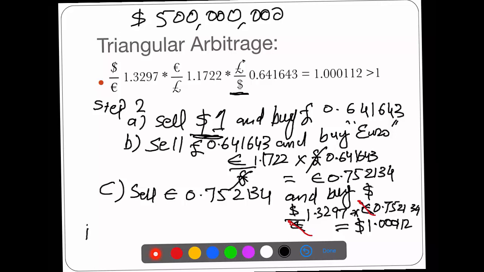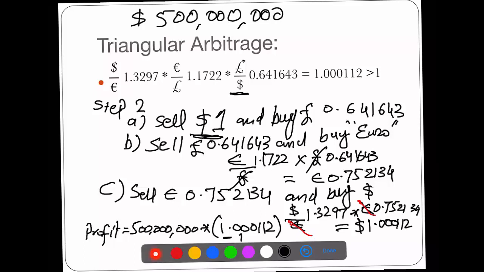So the profit is simply $500 million, because over here this profit is on $1. So on the 500 million, we need to multiply 1.000112 minus 1.